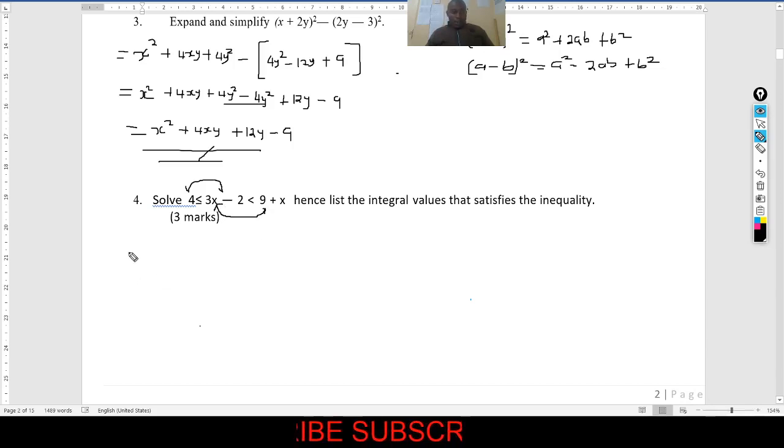The first part, we can say this 4 is less or equal to 3x minus 2. Then the second part that we must also deal with is 3x minus 2 is less than 9 plus x.